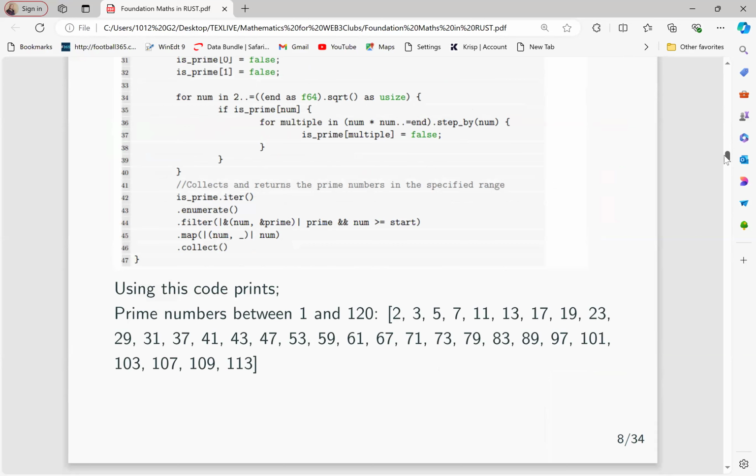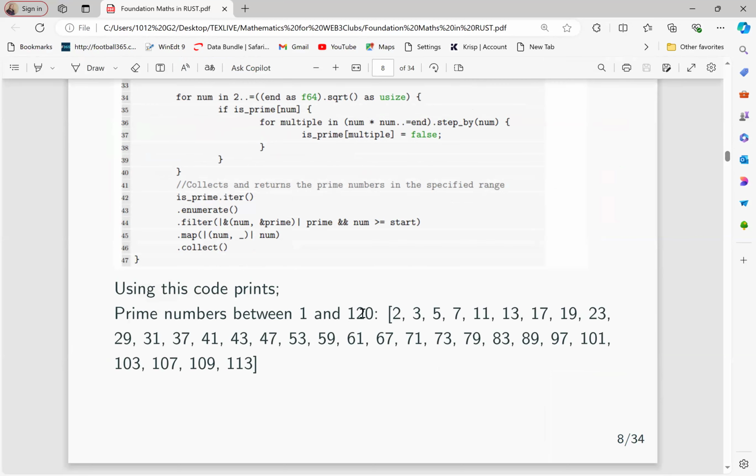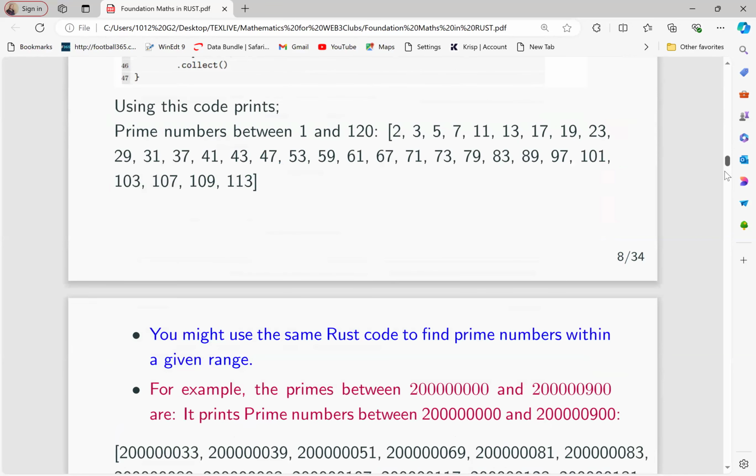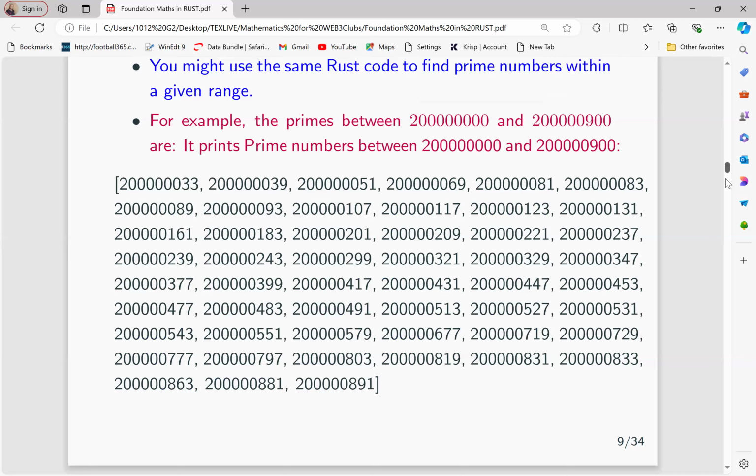Now, prime numbers: we looked at how to get a code in Rust that can give us prime numbers between some range. So for instance, if you want prime numbers between 1 and 120, we can come up with a code that will give us those prime numbers within that range.